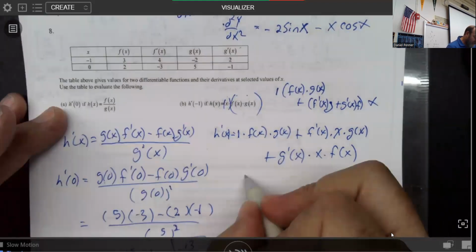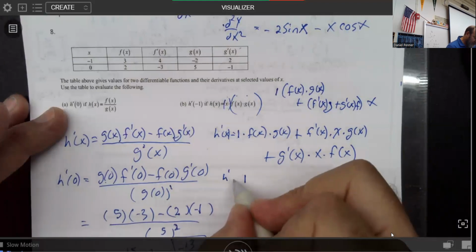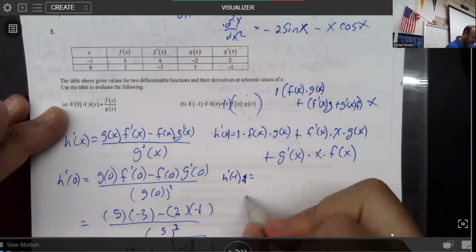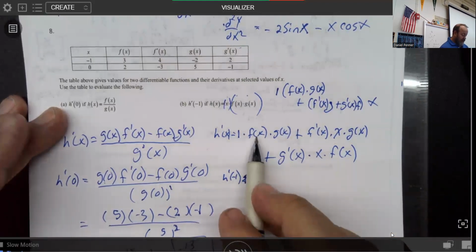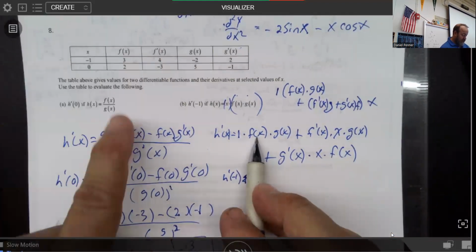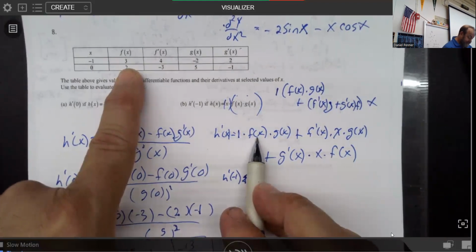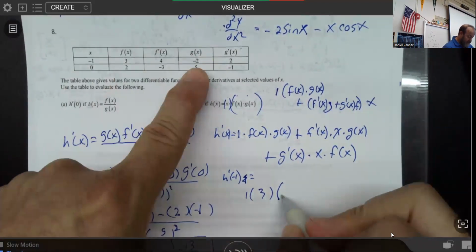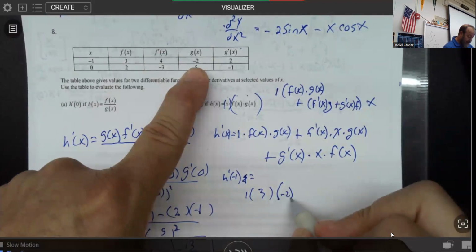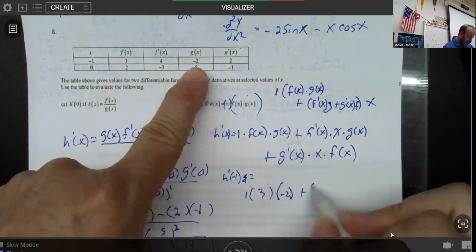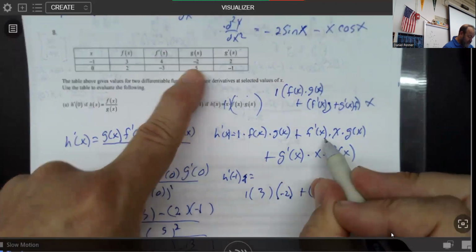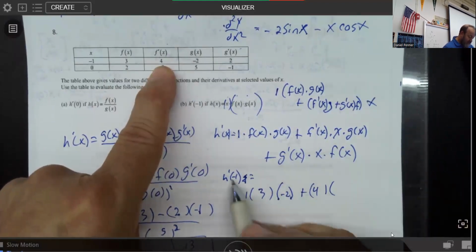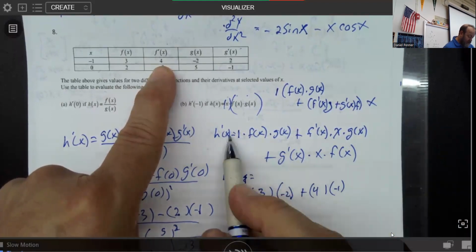So anyway, if we're going to find h prime of negative 1, that means we're going to have 1. Of course, f of negative 1 is right here. It's 3. g of negative 1 is negative 2. Got all that. Plus f prime of negative 1, which is 4. x was negative 1 because we're replacing x with negative 1.